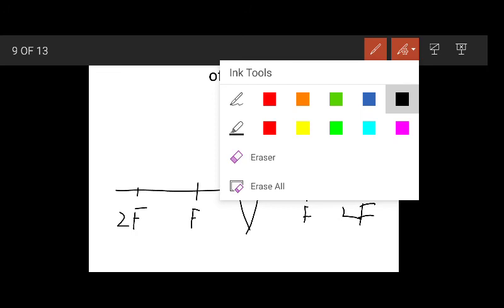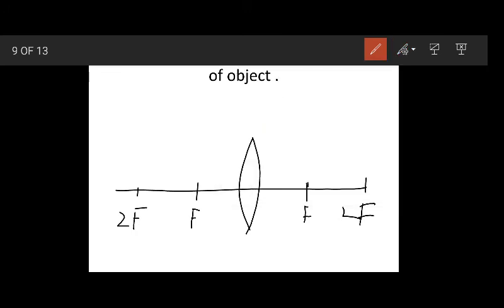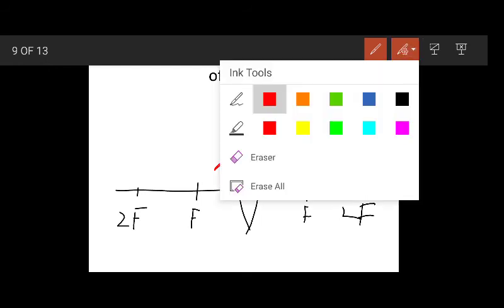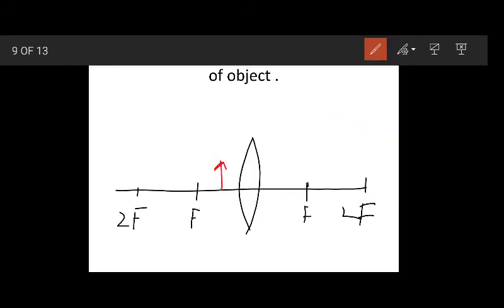Now if you place the object between the optical center and principal focus, then what will happen?